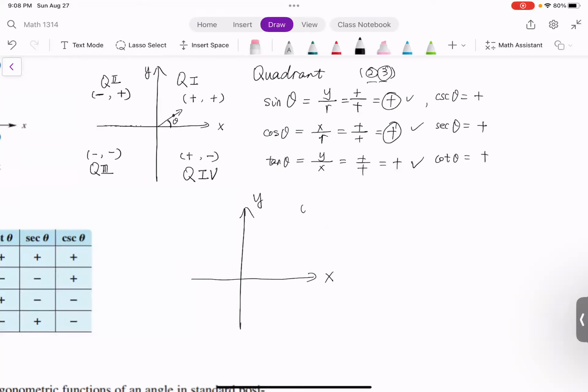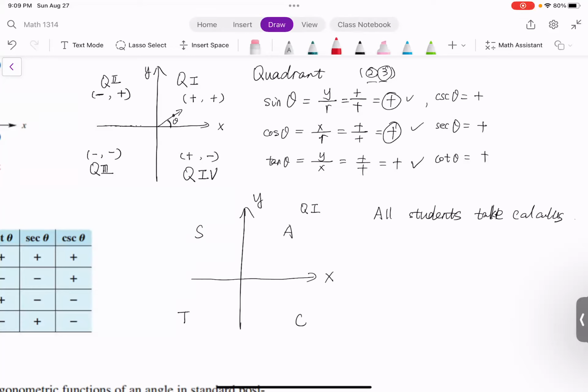And this is the first quadrant, we say A, S, T, C. A represents all. We say: all students take calculus.